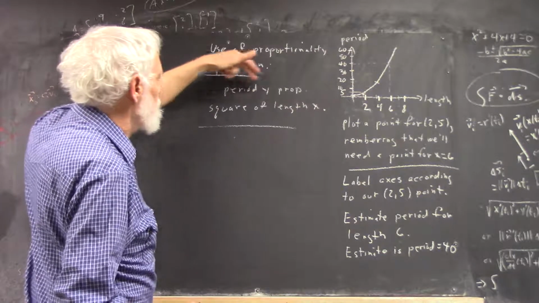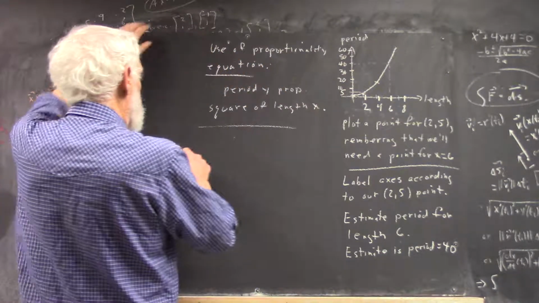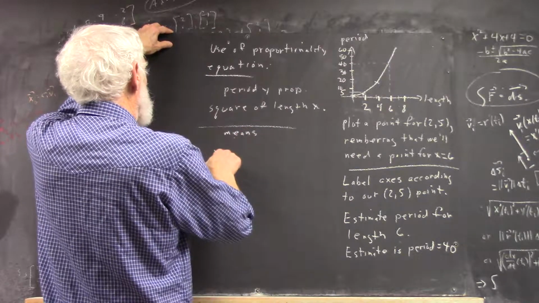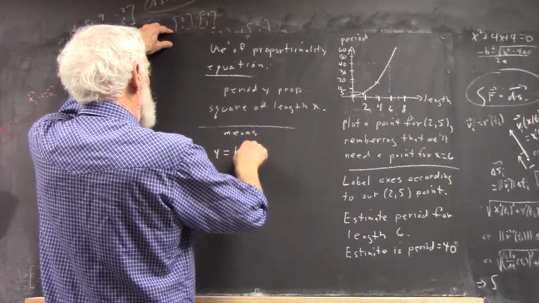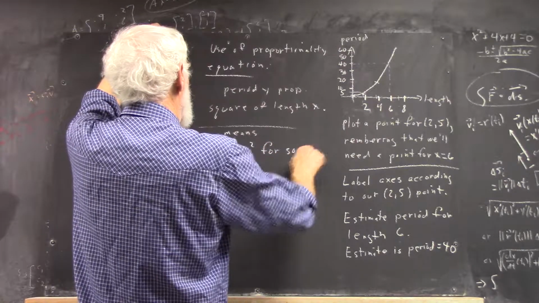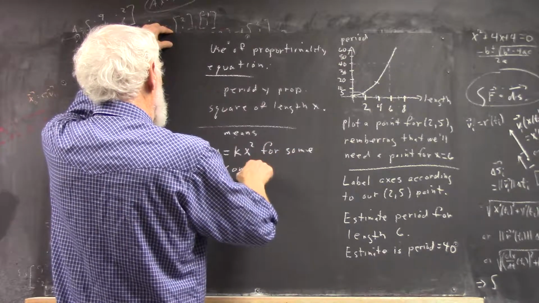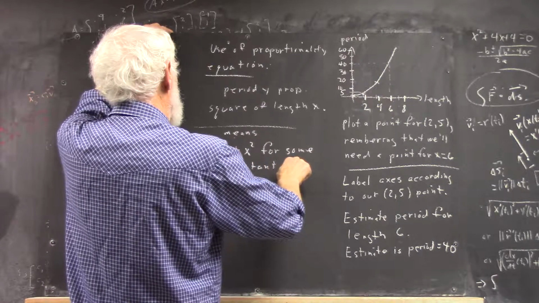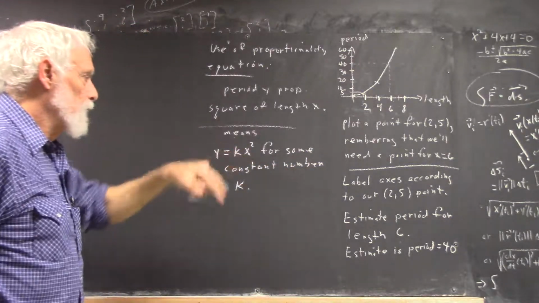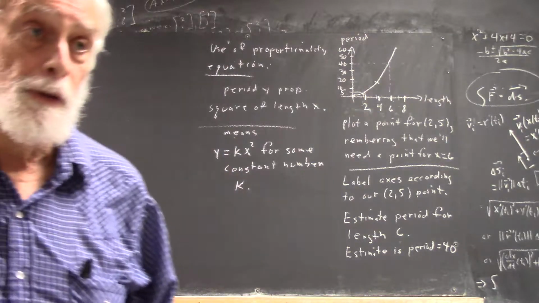Okay, so period y proportional to the square of length x means that y equals kx squared for some constant number k.